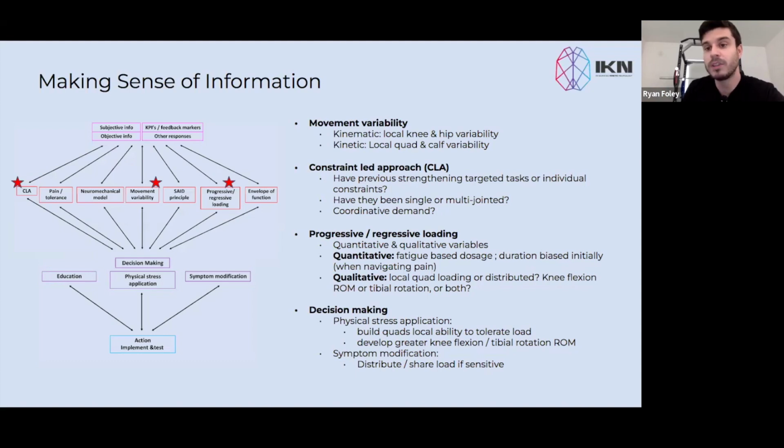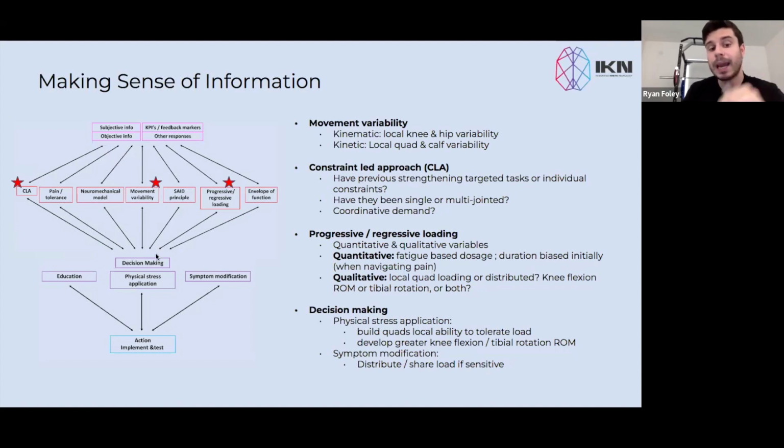But if you're dealing with an individual that has a history of avoiding load through the quads and a surgery through the knee, then we need to be a bit more specific with how we are organizing that application and delivery of force.